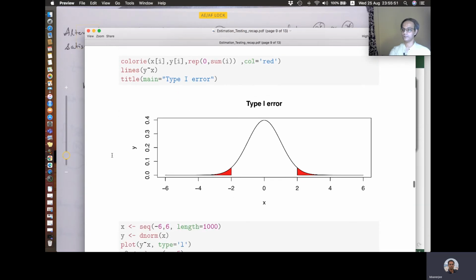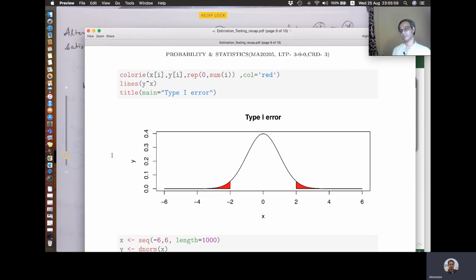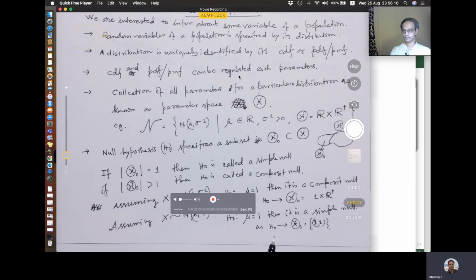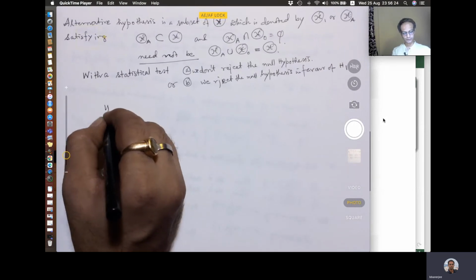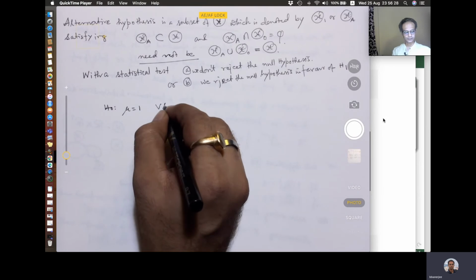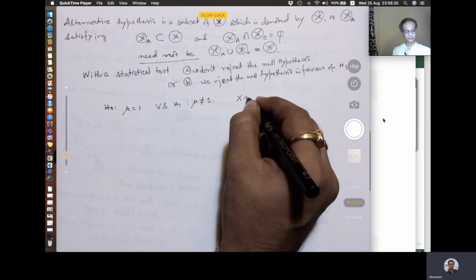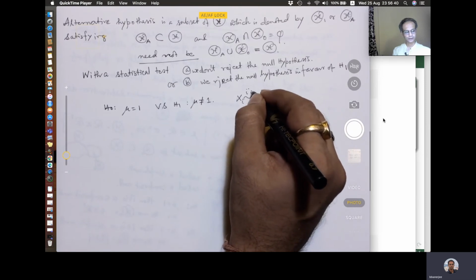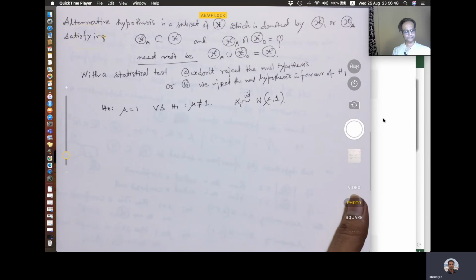So here, let us take a pictorial interpretation. Suppose you are testing the null hypothesis H naught: mu equals 1 versus H1: mu not equal to 1, where the Xi follow IID normal with mean mu and variance 1 for simplicity.